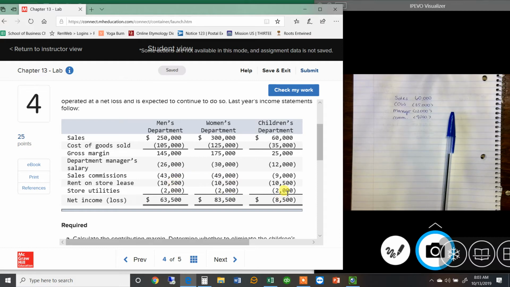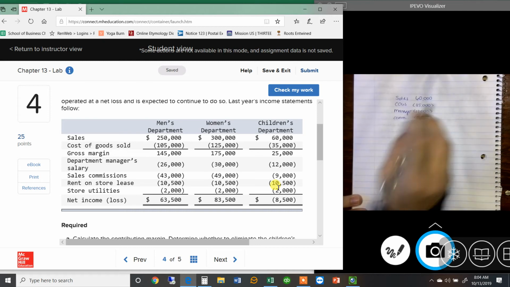The utilities won't go away because it's one building. Yes, you can turn lights off, but to heat and cool the building, you're going to be cooling the whole building. So this is not going to really go away. This is just going to be spread over the women's department and the men's department. So right now, these 2 items won't go away, so that is not part of my contribution margin.